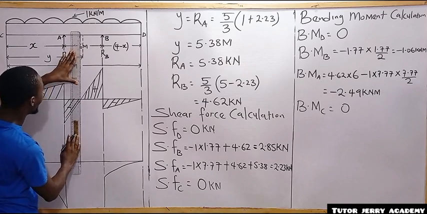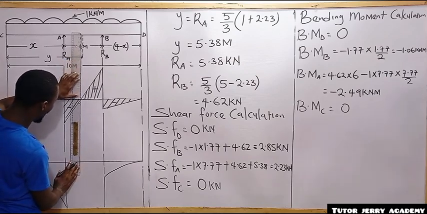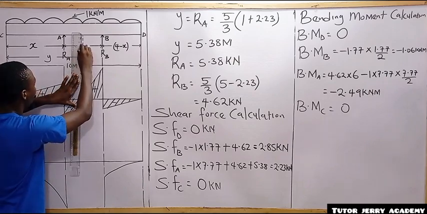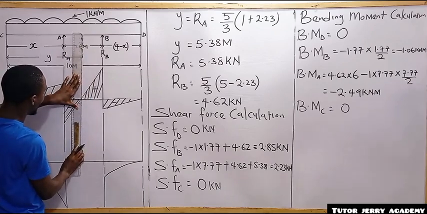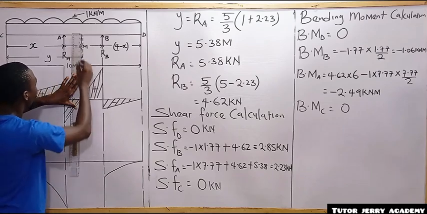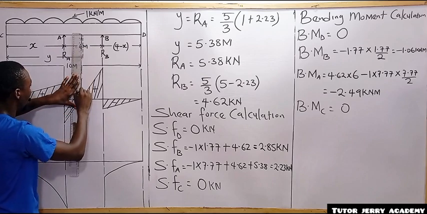So for this point, we trace a point down. It's supposed to go in alignment with this line here, but it's not perfect. Let's just take it the way it is.